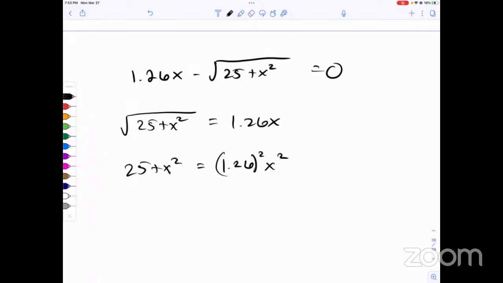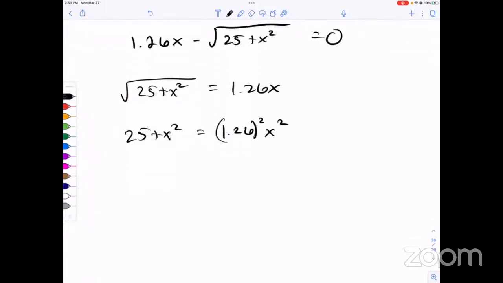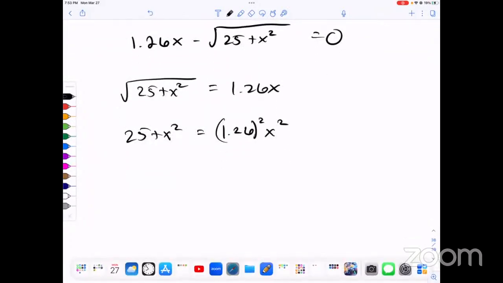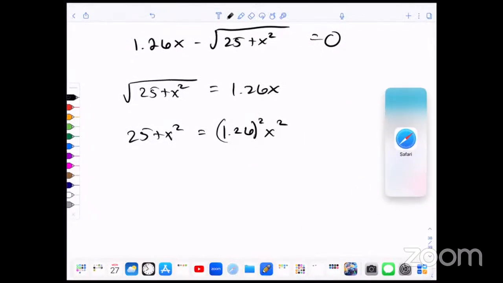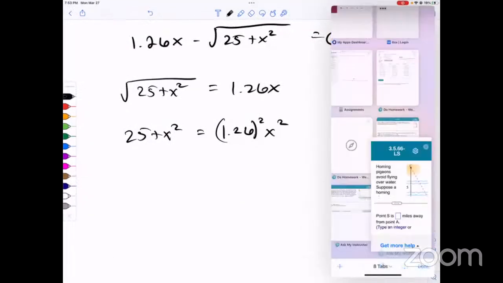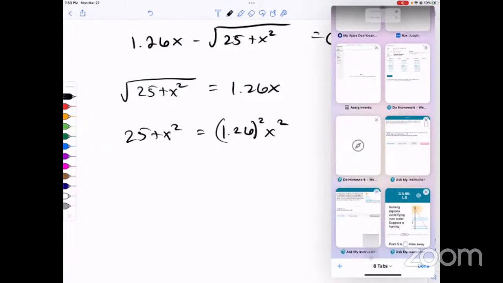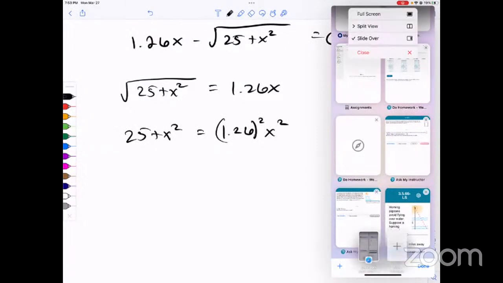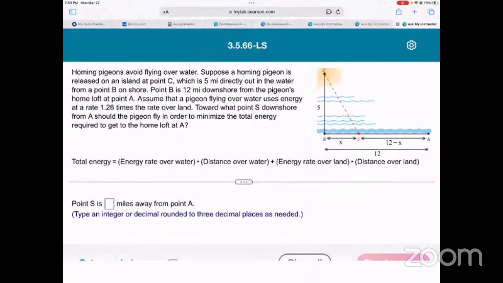Let me just go ahead and square this thing. Let's go full screen. We left off here. We want to bring our calculator back. Okay.